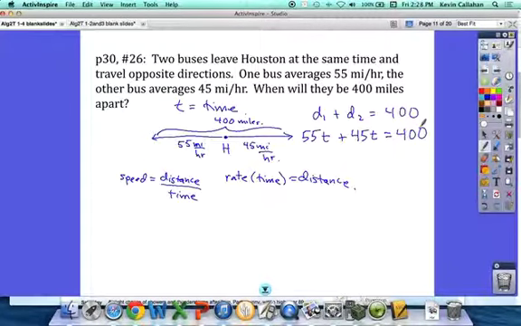So that's turning the problem into an algebra problem that you can solve. How can I simplify the left? Add them up. What's 55t plus 45t? 100t equals 400. And then to solve for t, you divide by 100, sorry. So t equals 4 hours.